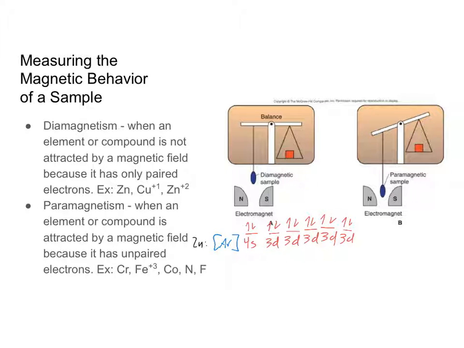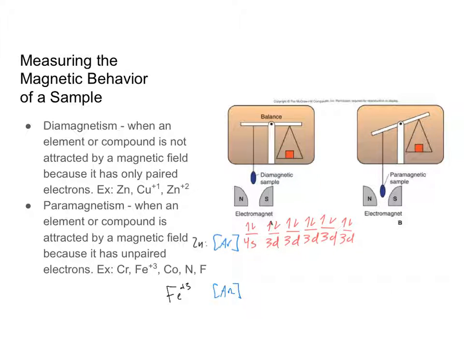Iron, on the other hand, also has the noble gas shortcut of argon, and in this case iron is a +3 ion.